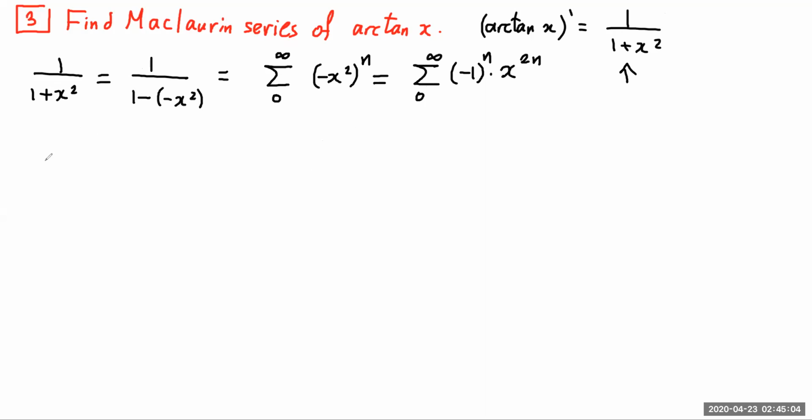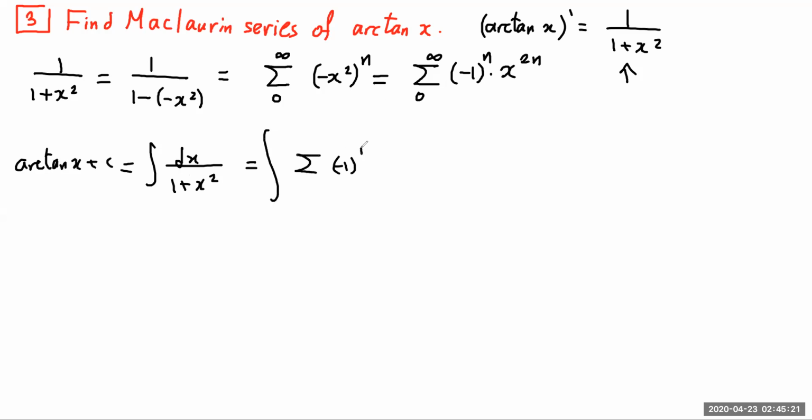So let's take the integral of both sides. The integral of dx over 1 + x^2 is arctangent x plus a constant, equal to the integral of this sigma of (-1)^n times x^(2n) dx, which is sigma of (-1)^n over (2n + 1) times x^(2n+1), from 0 to infinity.